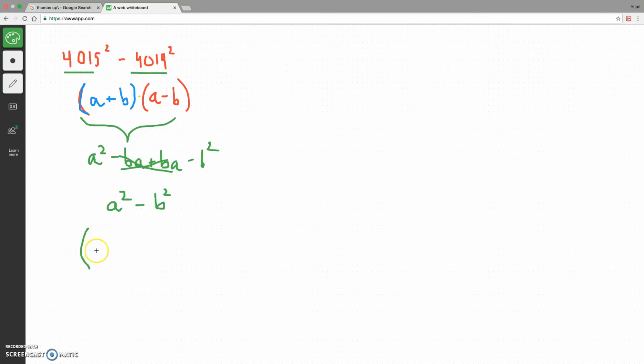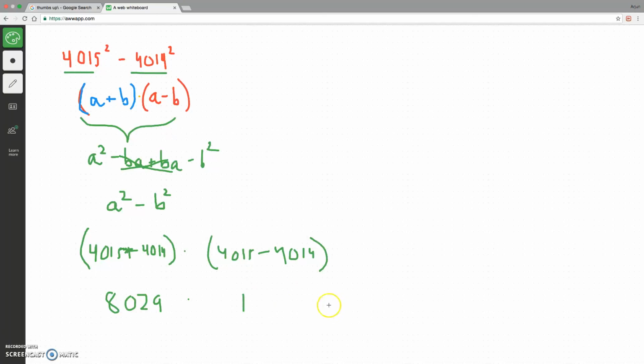If we plug it in, we see that 415 plus 414 times 415 minus 414 equals 829 times 1, which is nothing but 829.